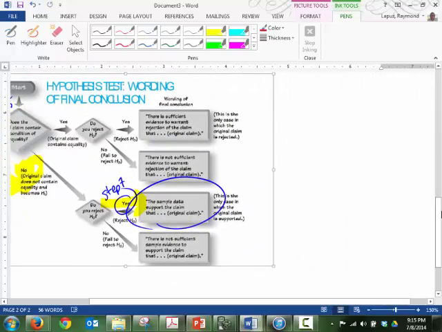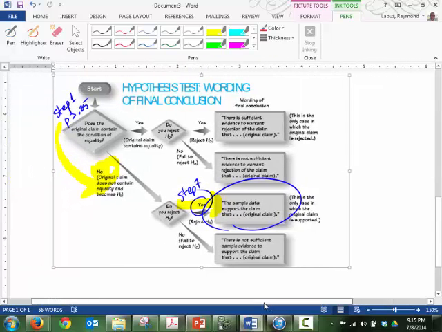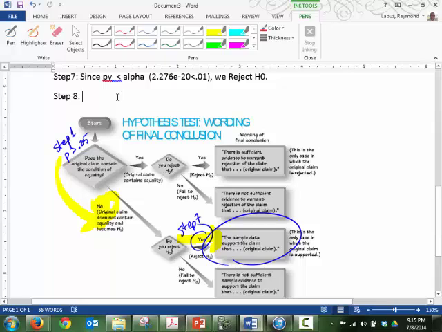Is that flowchart the same as the other one? It's the same thing, except they kind of did it diagonally instead of straight horizontal and vertical lines. So we make a conclusion. The sample data support the claim that, what was the claim again?